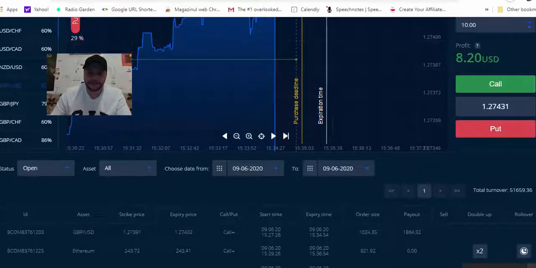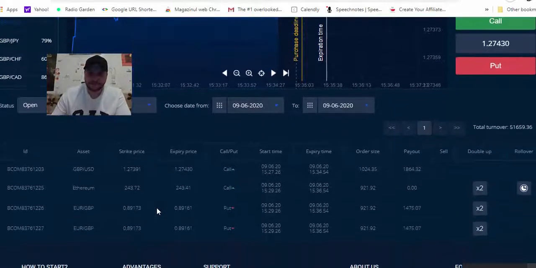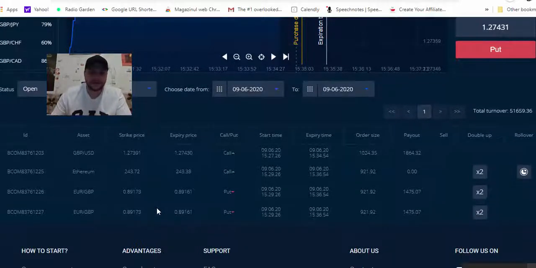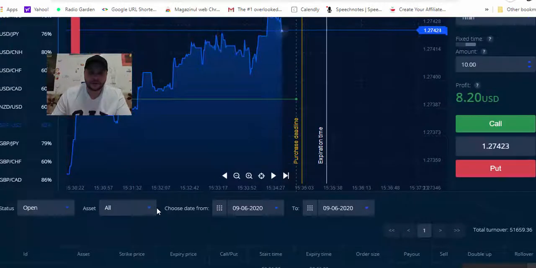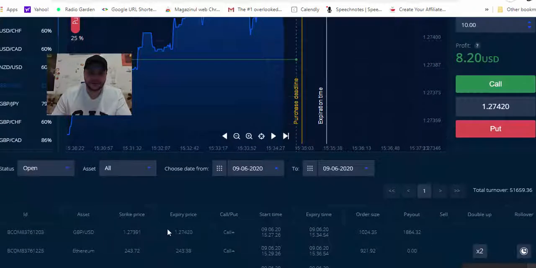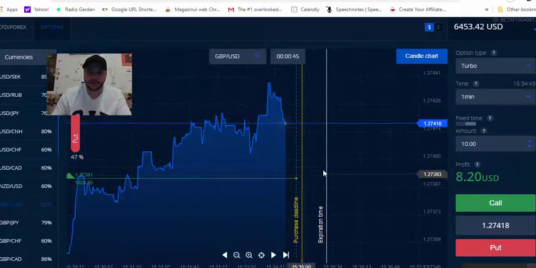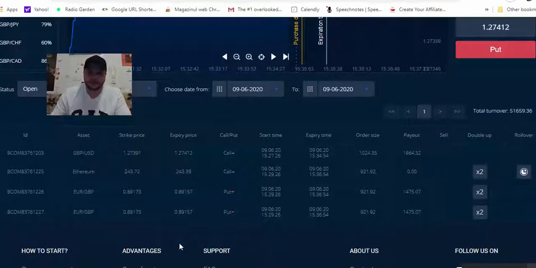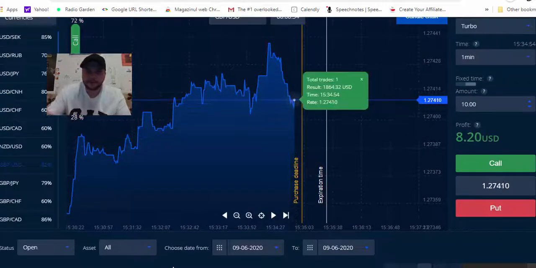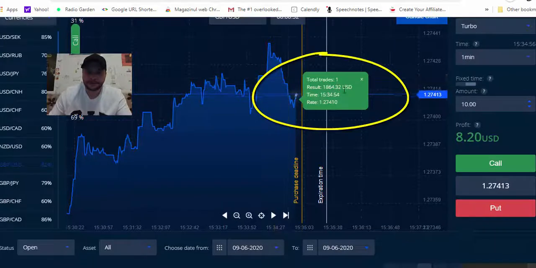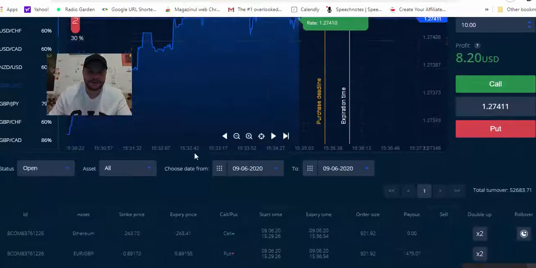GBP USD is approaching the expiration time, so it will be in the money or not. Let's have a look. GBP USD is a call, and now let's wait to see what will happen. The most important thing, yes, it's in the money. As you can see here, it's in the money. GBP USD.